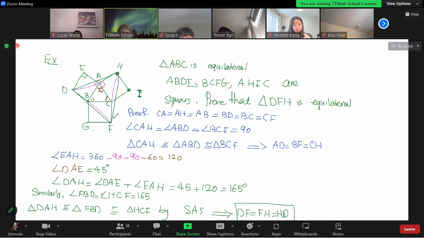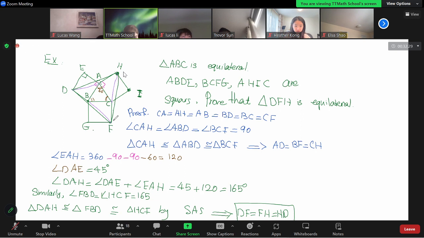Can you just say that all the angles in the triangle DHF have the same angles by symmetry? Yeah, they have the same angles by symmetry, because if they have the same angle, then they're equilateral.